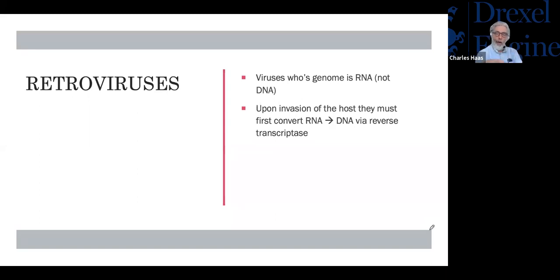And the RNA in turn is translated to protein. But retroviruses carry their genetic information in RNA, not in DNA. So the first thing they need to do when they invade a host is convert RNA to DNA by a special enzyme called reverse transcriptase.